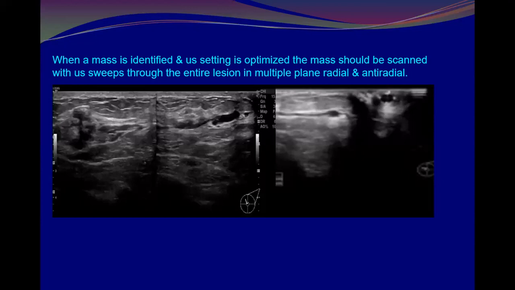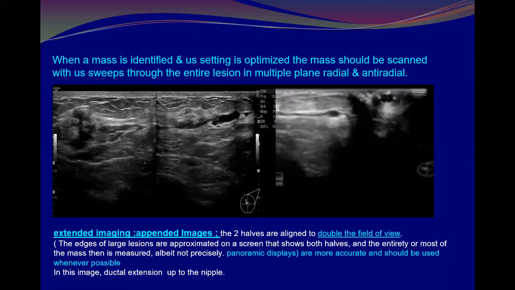The trapezoid, we can use it for measurement. But this, we call it appended or double field view, we cannot use it for measurement. It's not appropriate for measurement, but it is helpful to give us an overall picture of the lesion and its extent without an accurate measurement. This is a different image, but these are split images. Okay, thank you very much.